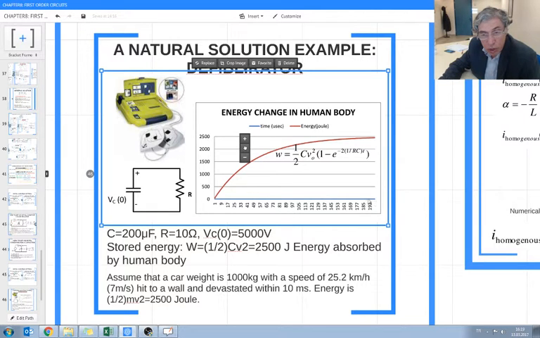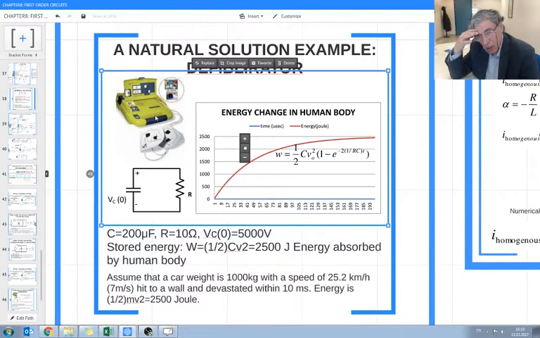This is a very short time. In a very short time, you are transferring an energy to the human body that reanimates it, and the heart, after the heart attack, will start to run.